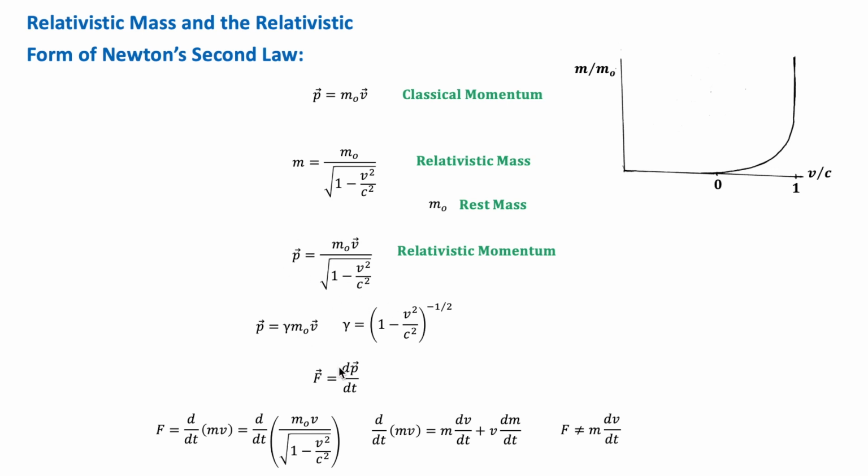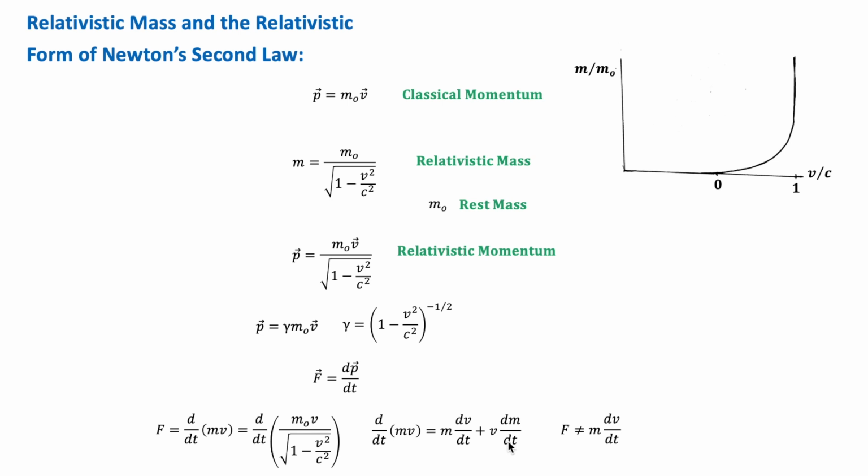And the relativistic second law is given by F equal to dp over dt. And this expression here is not equivalent to Newton's classical second law, which is F equal to m dv over dt. And this is because d over dt of mv is equal to m dv over dt plus v dm over dt. And in this relativistic case, dm over dt does not vanish, okay?